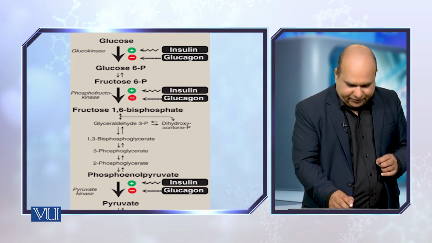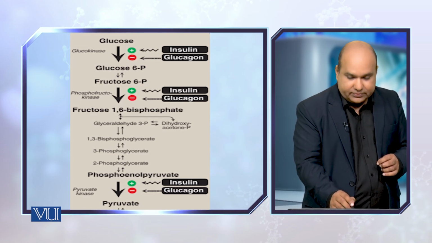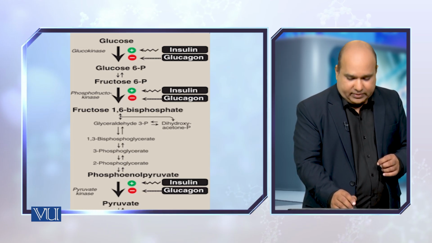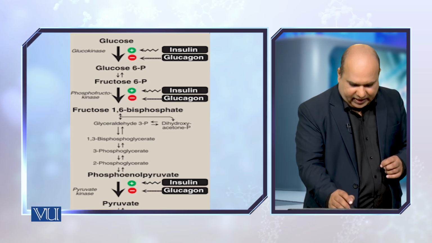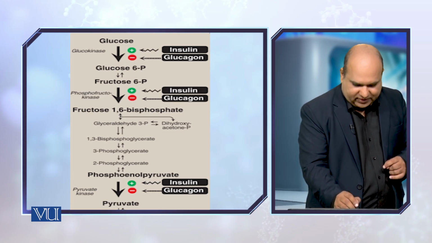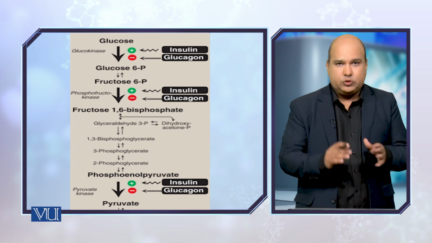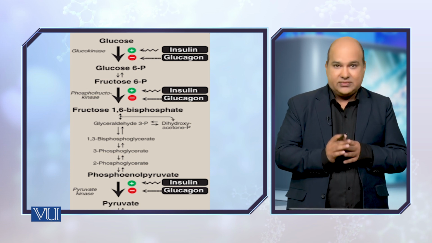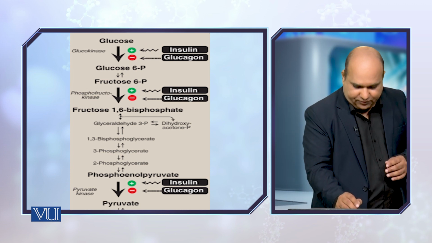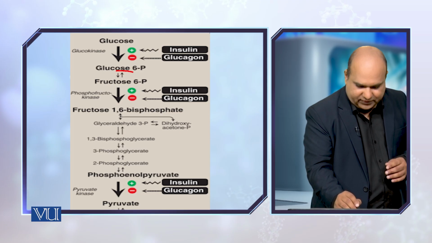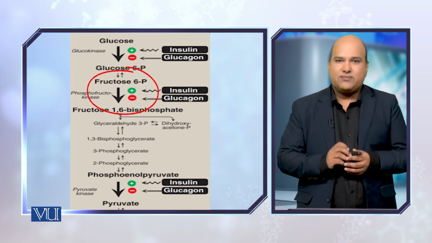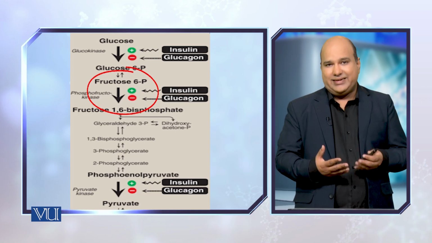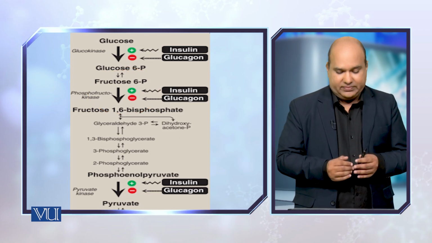So here, for instance, you have made phosphoenol pyruvate, and from here until fructose 1,6 biphosphate is formed, you have reversible reactions. From fructose 1,6 biphosphate to fructose 6 phosphate, again the reaction is irreversible.